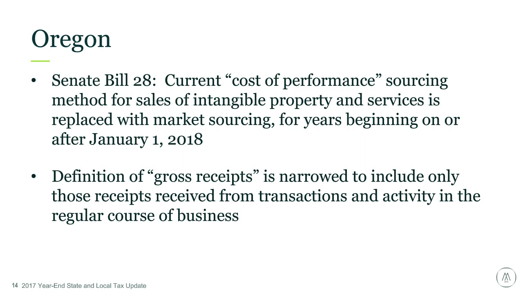That definition is now being narrowed to, in essence, only include those gross receipts derived from transactions and activity that occur in the taxpayer's regular course of business. So what the legislature is trying to do here is statutorily exclude all gross receipts from one-time sales.